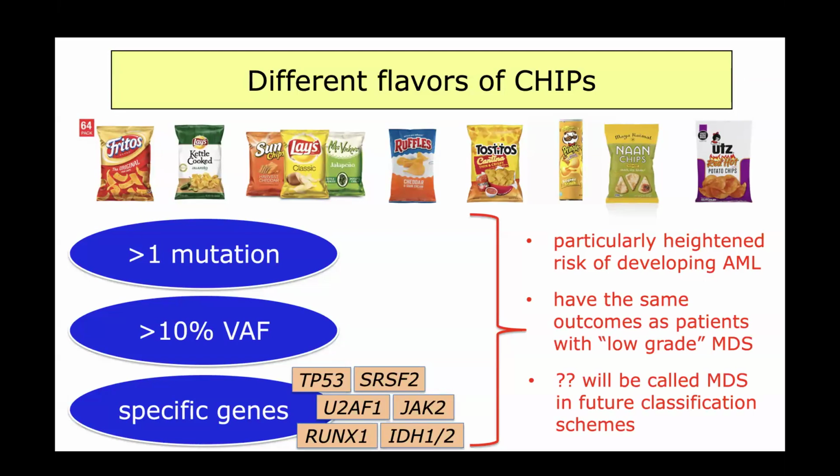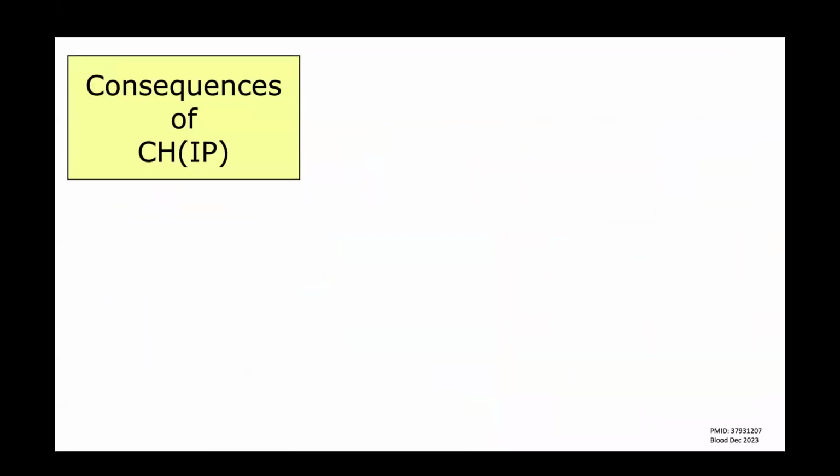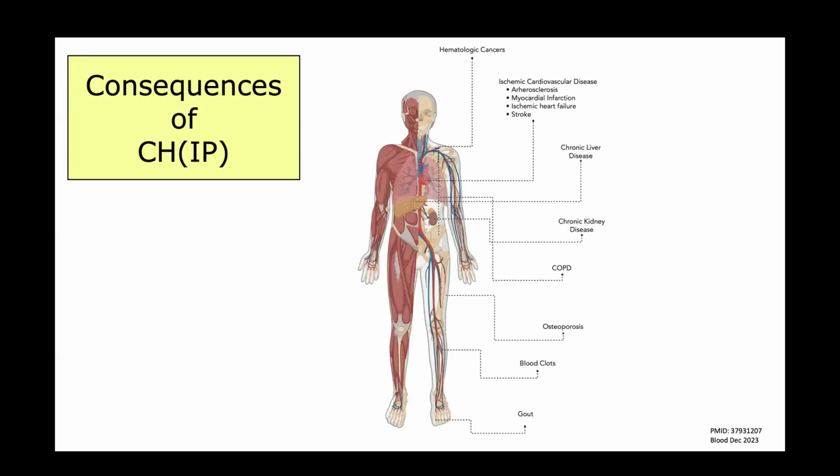That did not happen. The groups decided to be a little bit more conservative, but maybe the next classification systems will do so. So the consequences of clonal hematopoiesis of indeterminate potential are quite frequent, and I've got IP in parentheses only because the potential may not be as indeterminate as one thought.